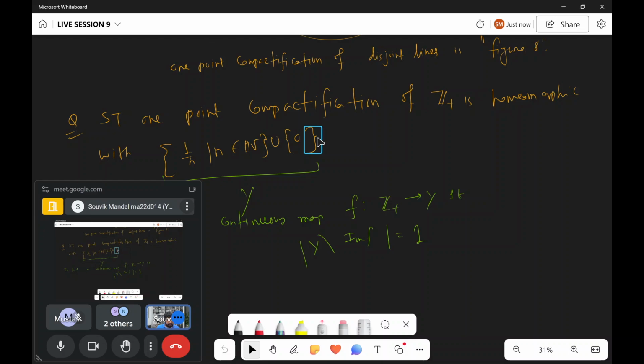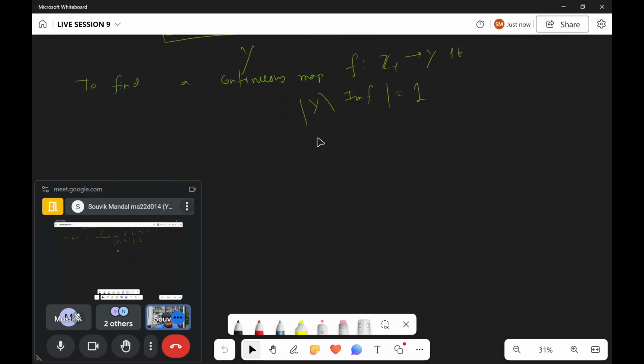Okay, so let me write down the function for you. At least some of you should reply for this question, but it seems you are unable to solve it.